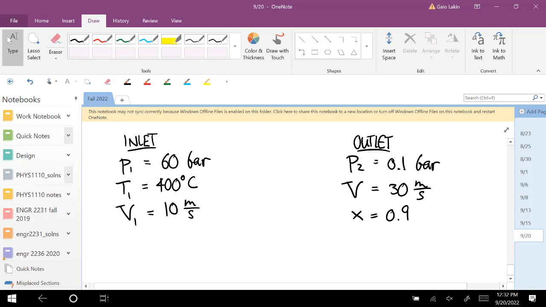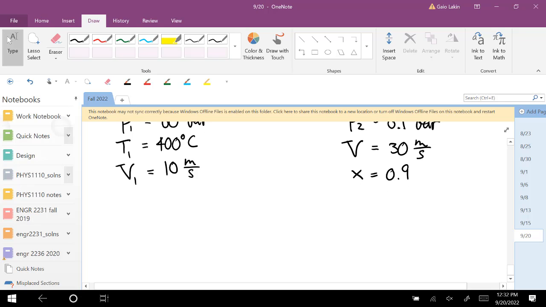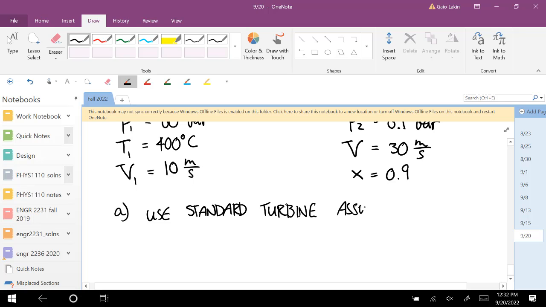And what we want to calculate, there are three parts to this. So first, let's use the standard turbine assumptions and find the power that's generated.